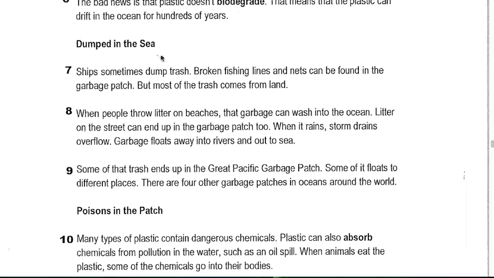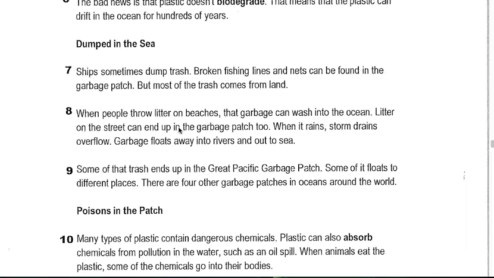Dumped in the sea. Ships sometimes dump trash. Broken fishing lines and nets can be found in the garbage patch, but most of the trash comes from land. When people throw litter on beaches, that garbage can wash into the ocean. Litter on the street can end up in the garbage patch too.